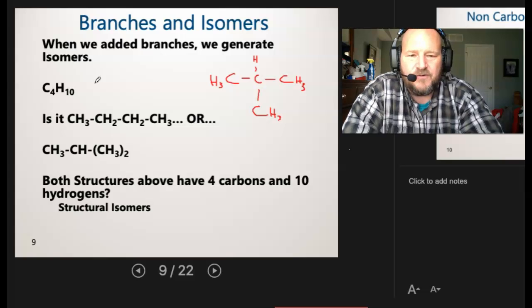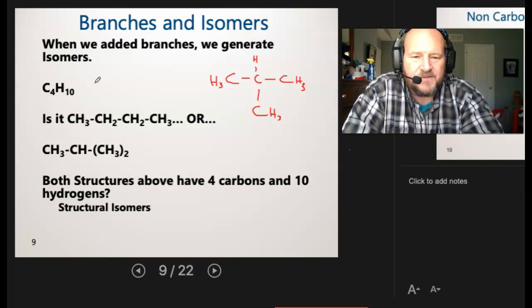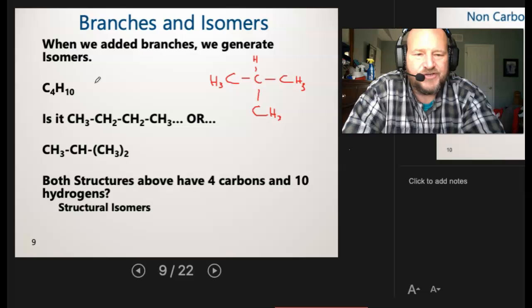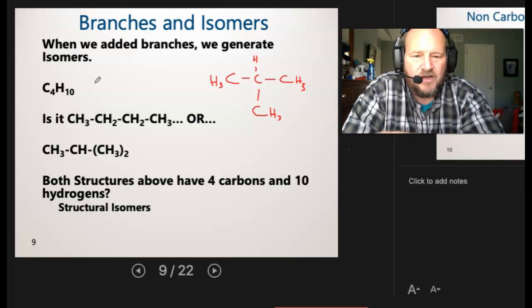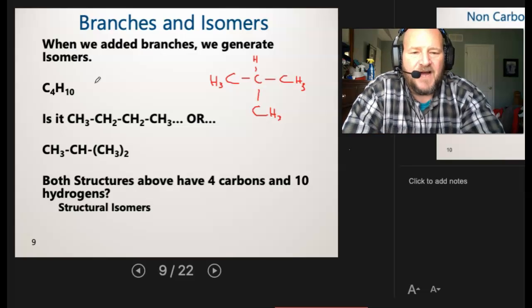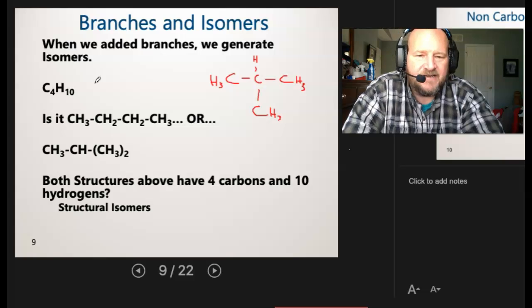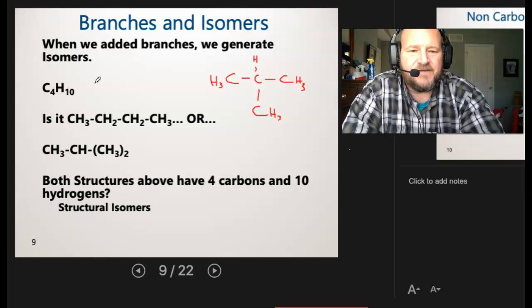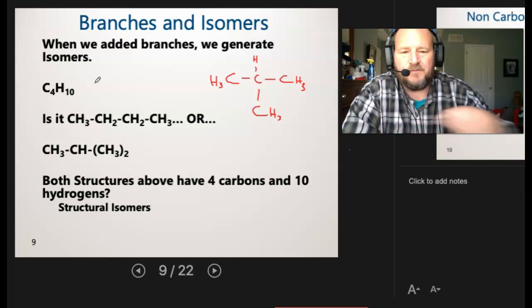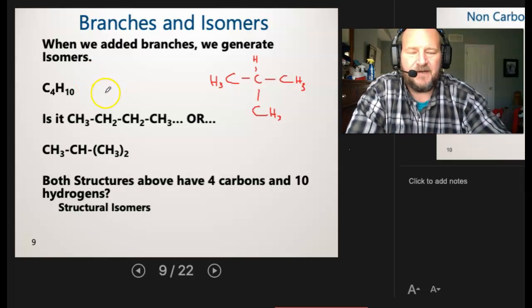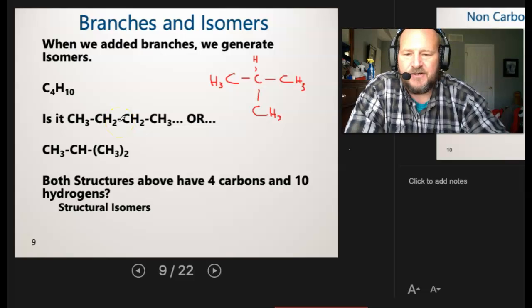So if you're going to Google this looking for practice problems, make sure you're using the whole phrase, structural isomers. If not, you're going to get into chirality and left-handed and right-handed and all kinds of silly things, D and L for sugars, and you could really mess up what you need to know and freak yourself out. So make sure you're just doing structural isomers.